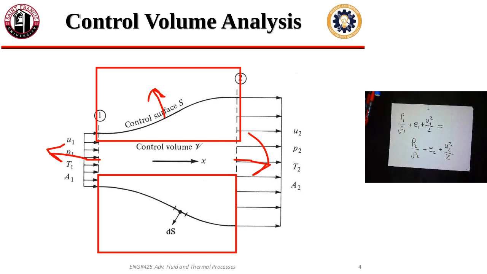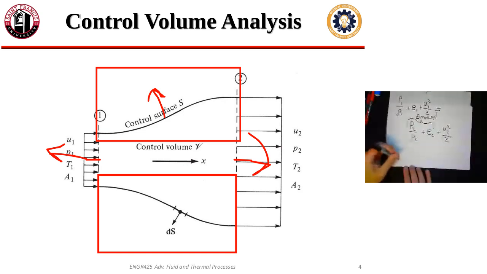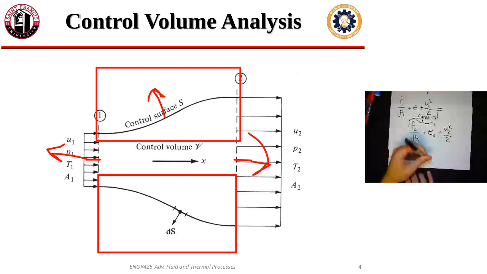And if I remember my definitions, this is like enthalpy. So I can even rewrite this as, that should look awfully familiar from all the stuff that we just did in isentropic flow, right?